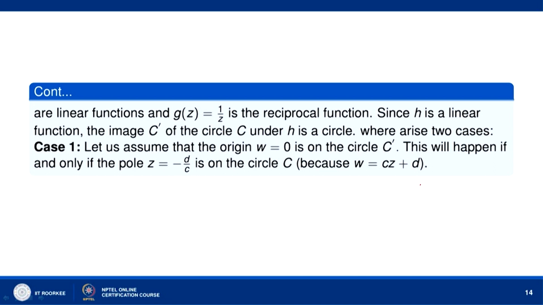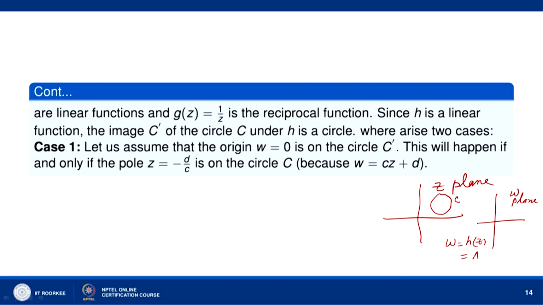So, let us say this is your z plane and this is your w plane. We have a circle C here in z plane, and H(z) is w equal to H(z), let us say.